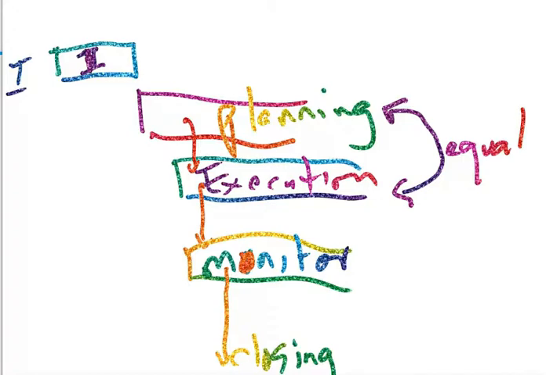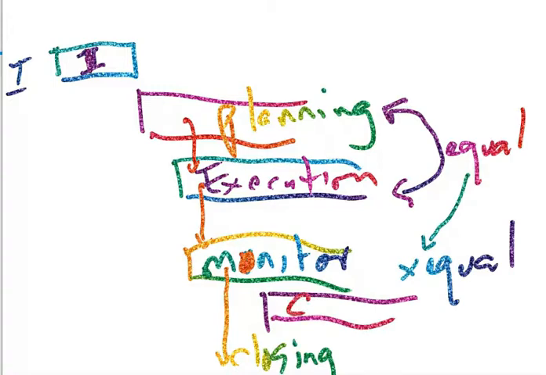But if we feel that the results are not equal, if they don't match, then we need to control that outcome. So that's why you have monitor and control. And in control, we typically do it through change.